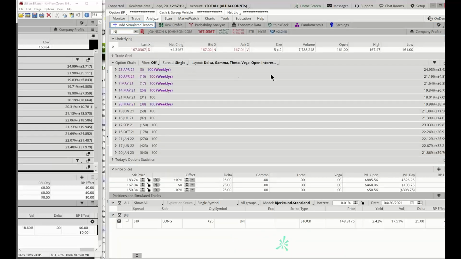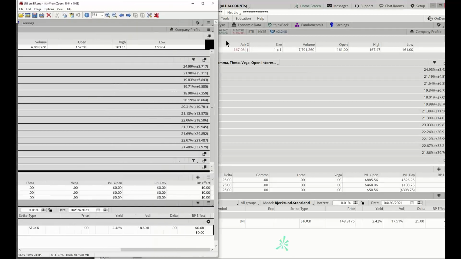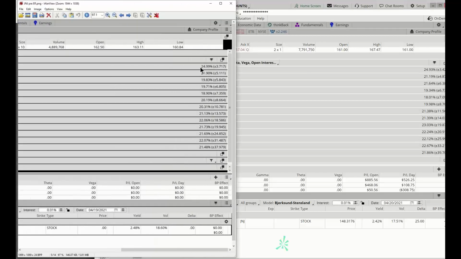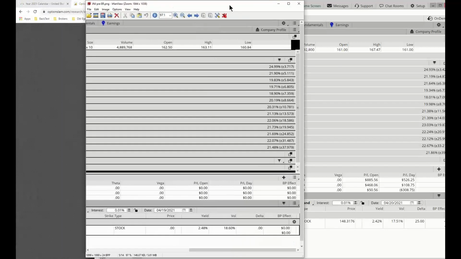Let's go back to the live options chain. Let's take a look at all right, so IV has not crushed very much here on this one yet. 24.99.